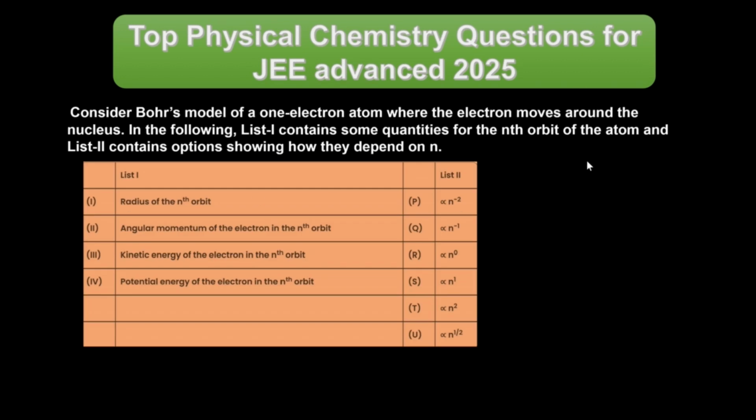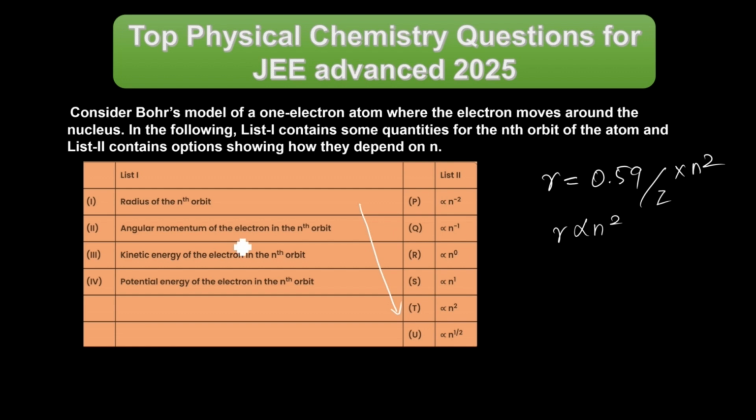Let's check. The first they have mentioned is the radius of the nth orbit. Radius is equal to 0.529 by Z into n square, isn't it? So this is Z into n square, which clearly indicates that r is directly proportional to n square, which holds true for T. Cool.